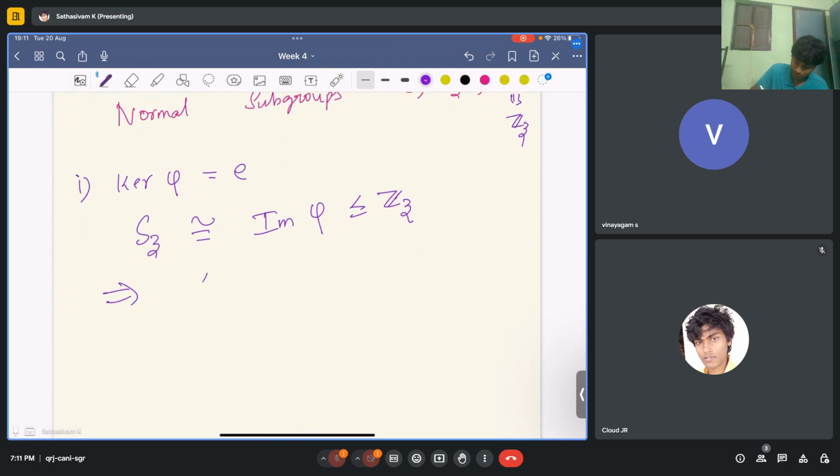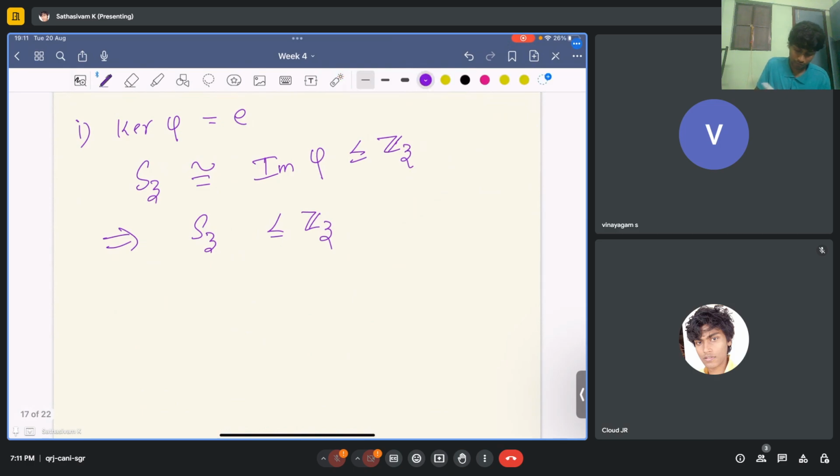This implies S3 is contained in Z3. Contained means up to isomorphism, not directly, but via isomorphism, it is contained in Z3. But that is not possible. Why? Because the order of S3 is 6, but the order of Z3 is 3.